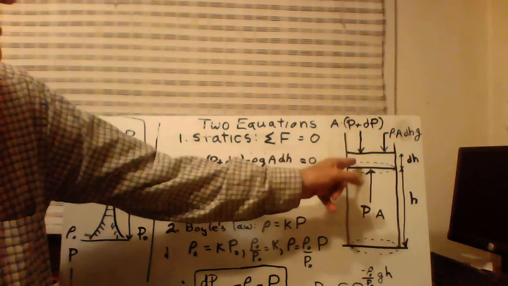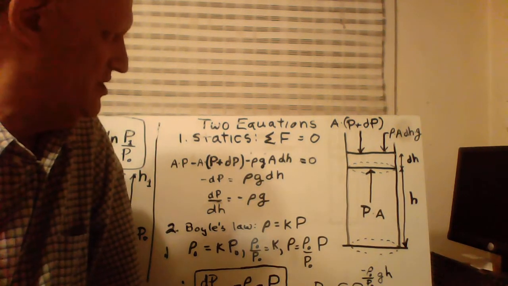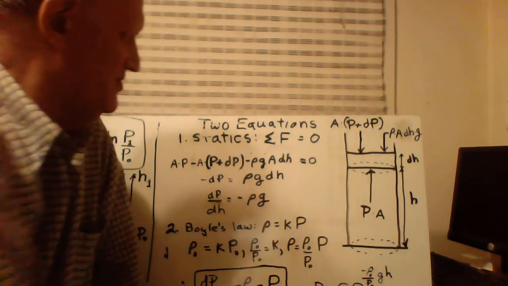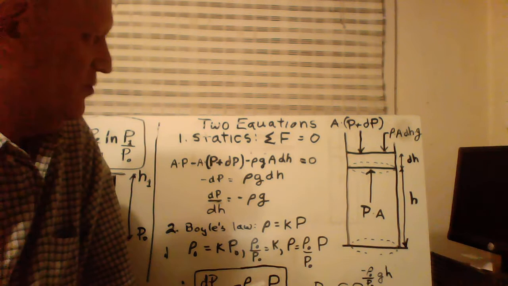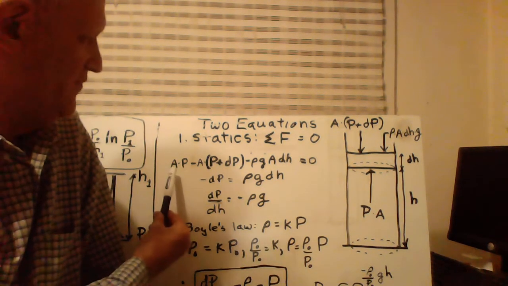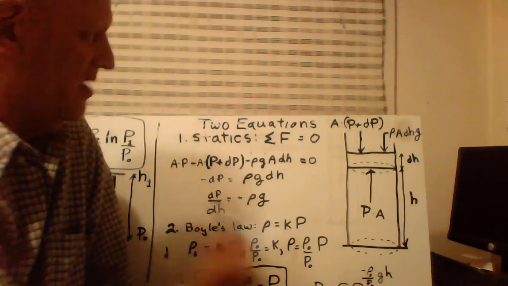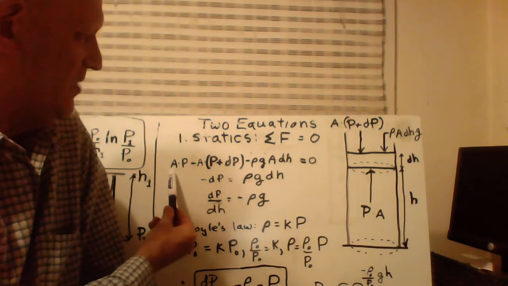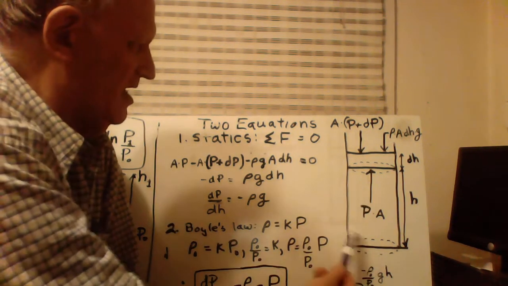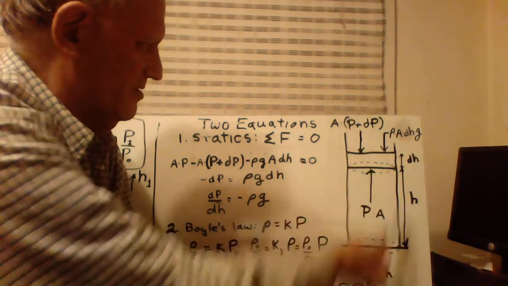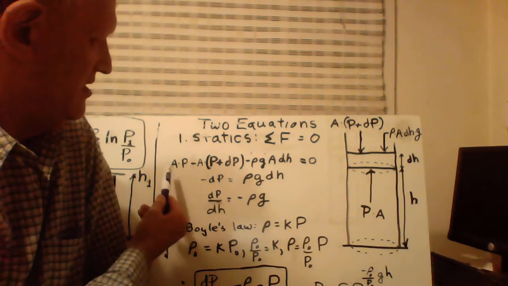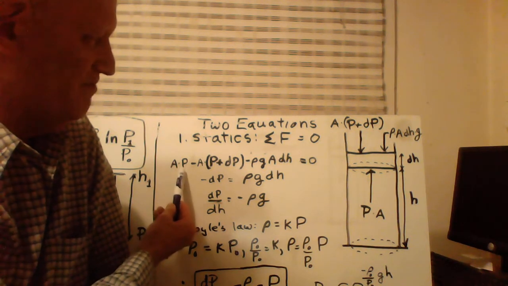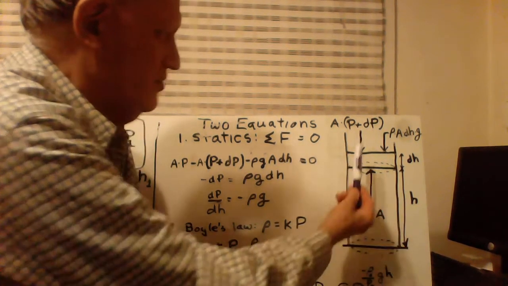So we have two equations from the statics situation here. Statics meaning the sum of the forces on that little piece of air is zero. Our first equation is written in the following way. We'll take upwards as a positive direction and downward as a negative direction. So the base area of this tubular piece of air is A. If we multiply that by the pressure P, we get the actual force pushing up on that.